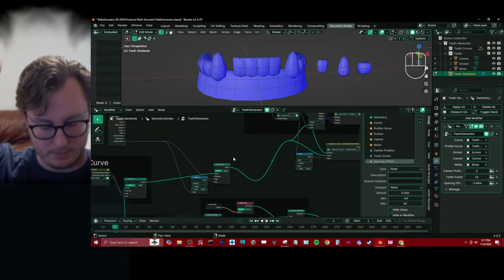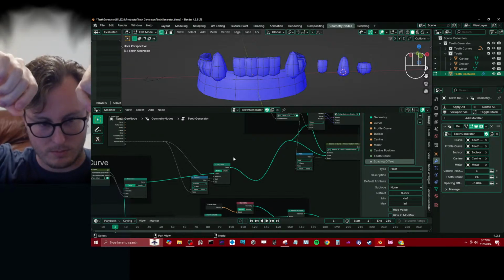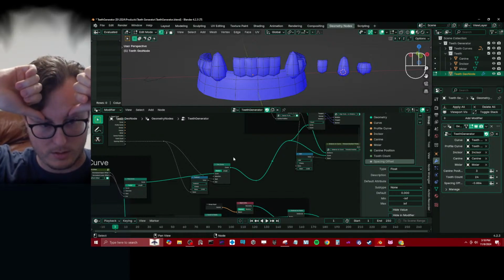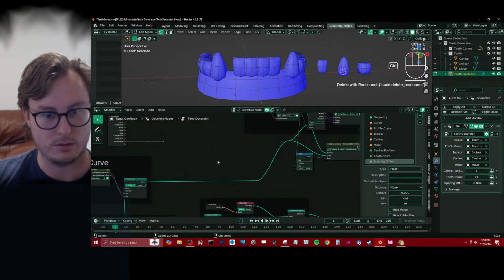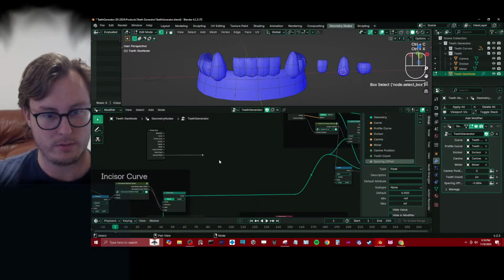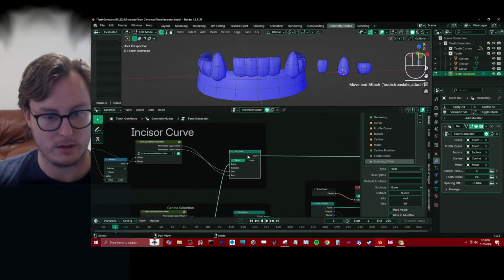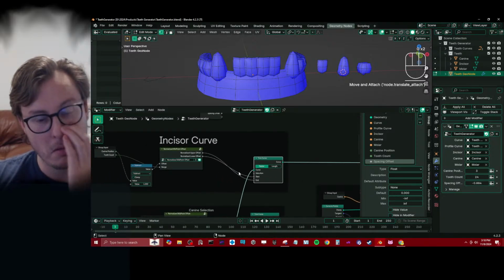These regular spacings, boom, boom, boom. Okay, so I think what we need to do is not trim that here, but trim these ones, these values here.